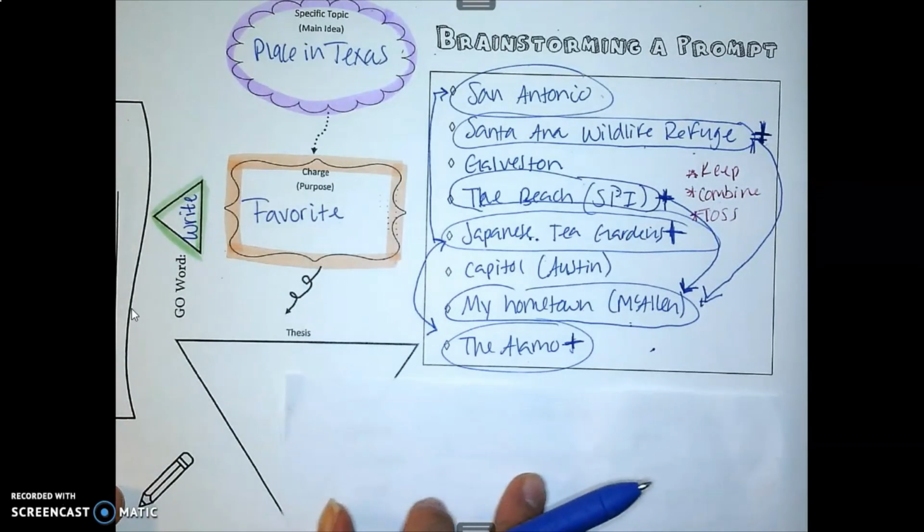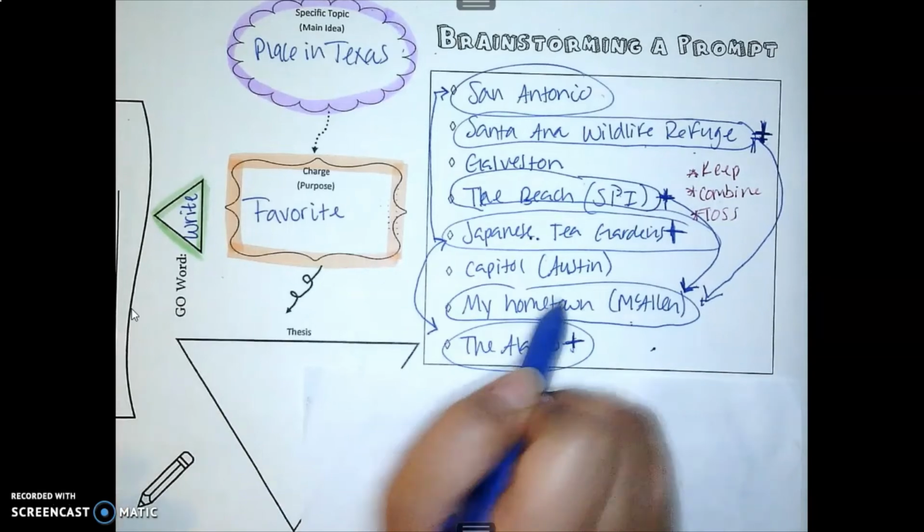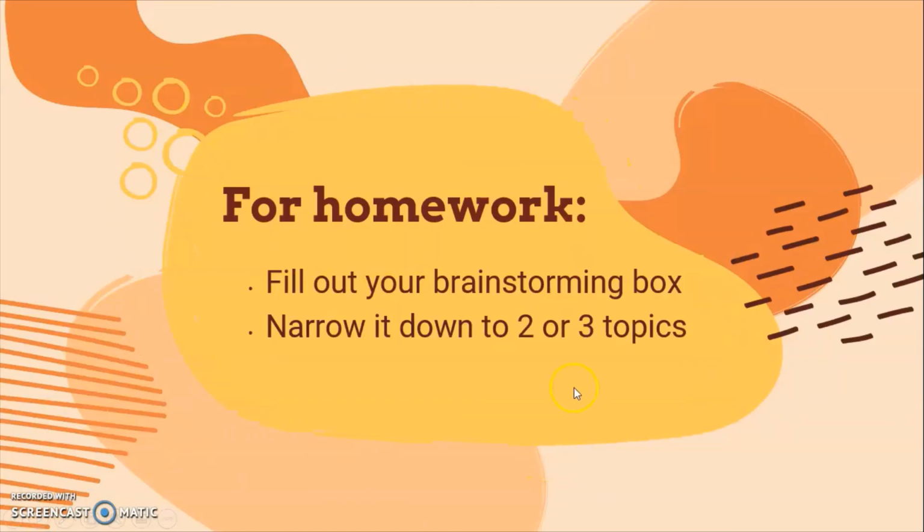But I'm going to wait for a little bit and make sure that I chose one that I'm really, really excited about. For homework, you will fill out your brainstorming box and narrow it down to 2 or 3 topics. So if you did not get to fill out your whole brainstorming box right now during the video, you can go ahead and finish that for homework.